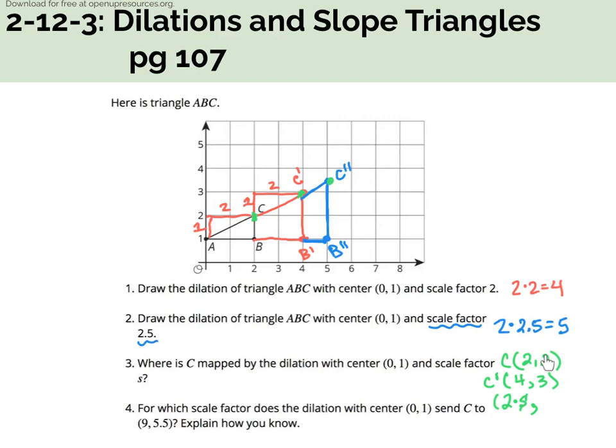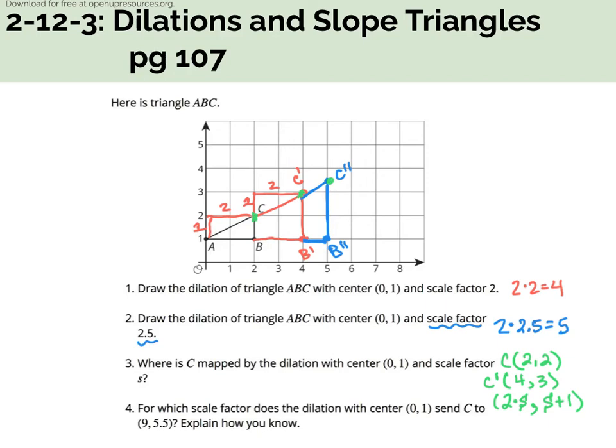So if we go just from C to C prime, I took my scale factor, S, and added 1 to it. So as far as a mapping, the X value was 2 times S, and then the Y value was S plus 1.